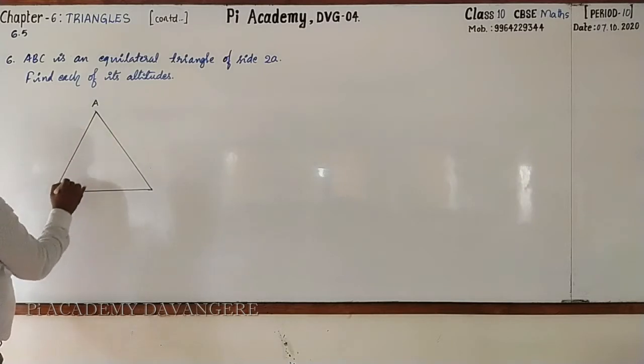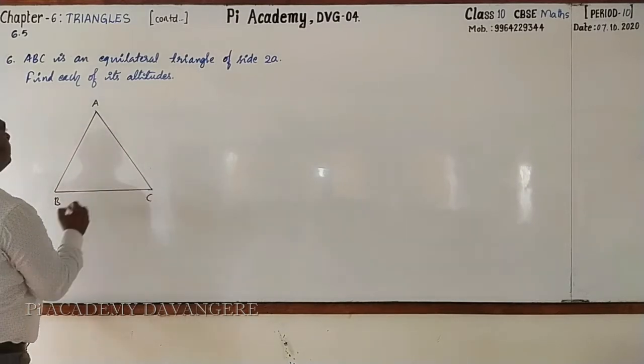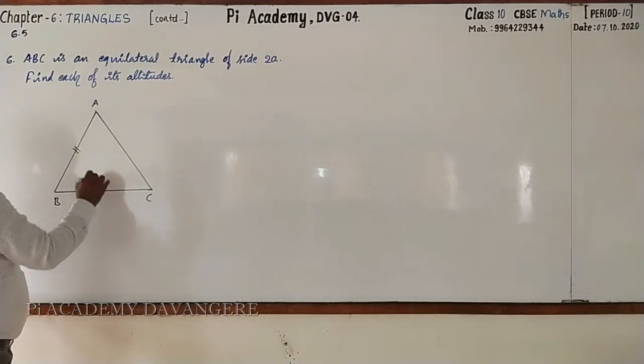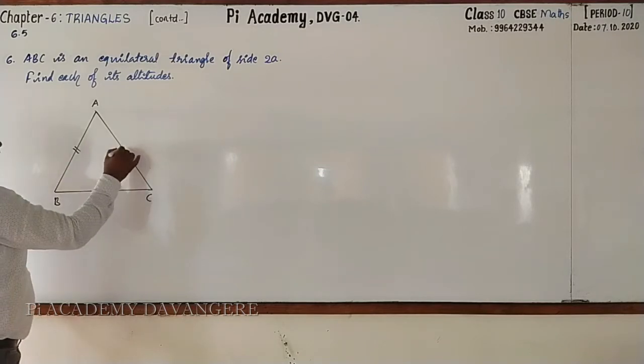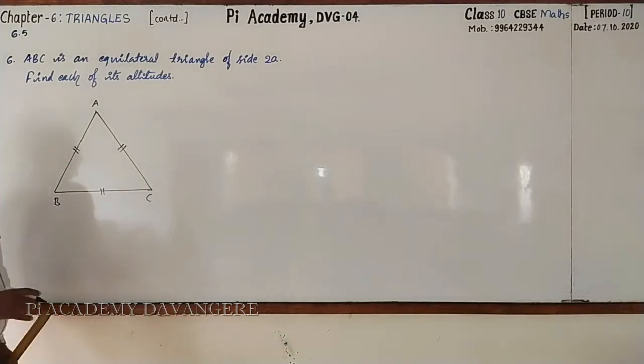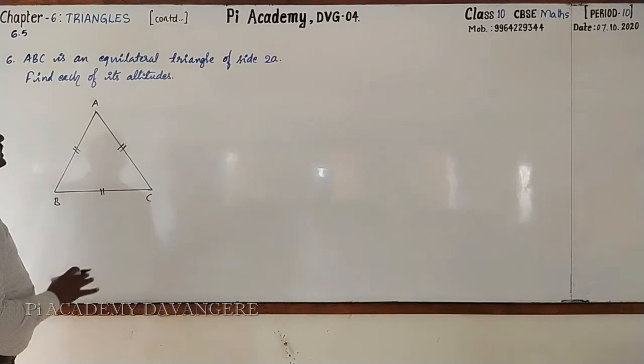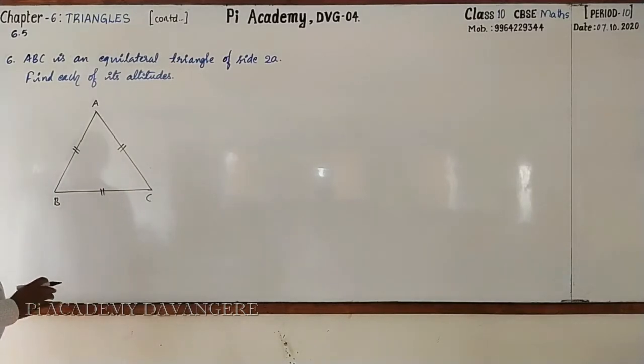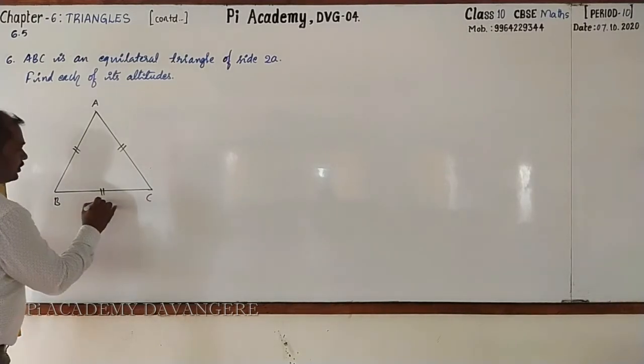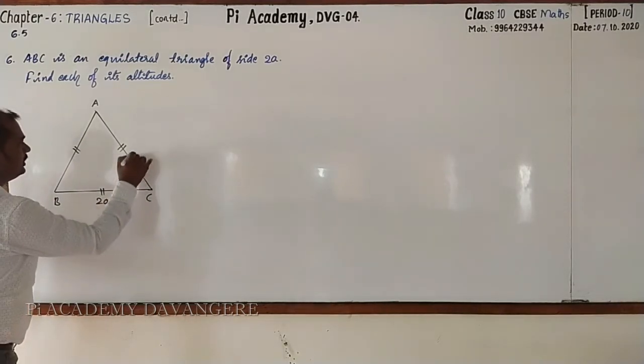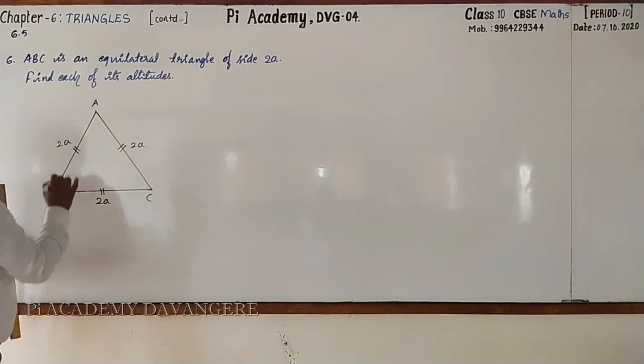So name this as ABC as given. All sides are equal. Therefore, AB equal to BC equal to AC. This much has been given. Then each of its altitudes should be found out, and before that I'll write the measurement of each side. It is 2a, 2a and 2a.